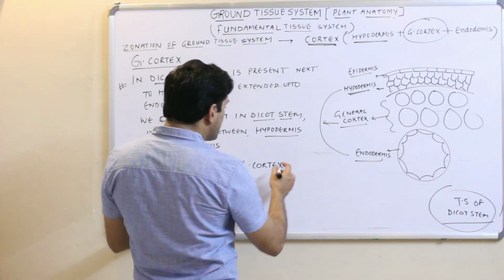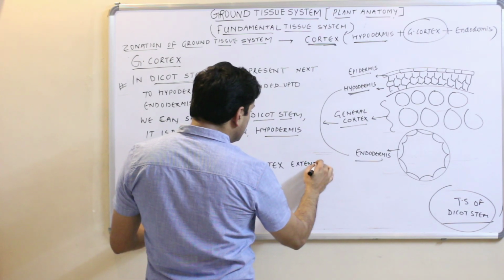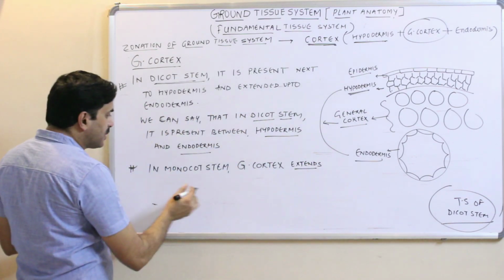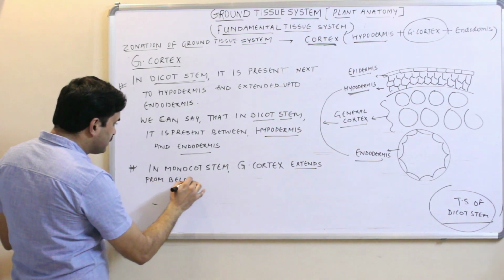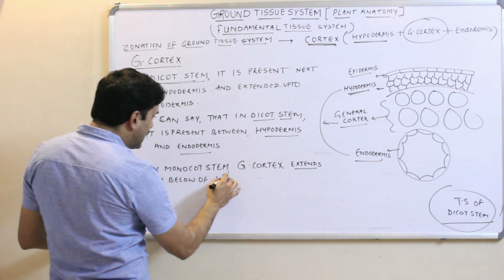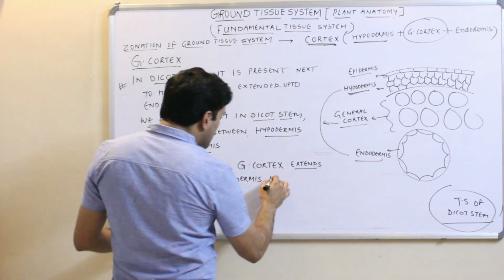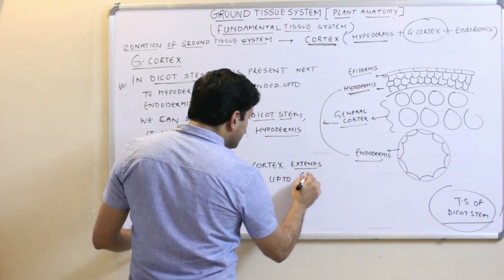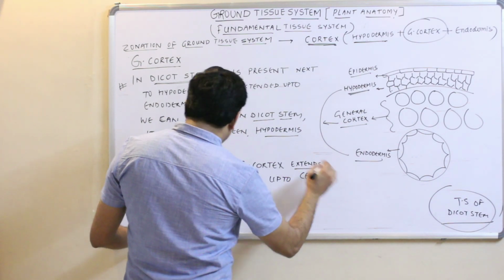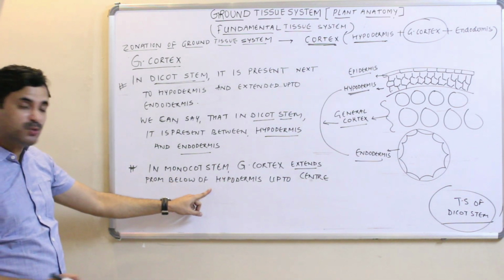In the case of monocot stem, general cortex extends from below the hypodermis up to the center.